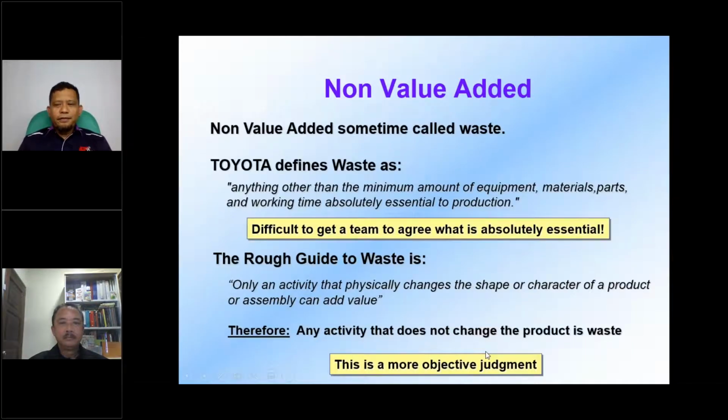They define in manufacturing that anything, any activity or process that changes the shape or character of the product, is considered as value. But if it doesn't change the physical product, later I will give some examples.